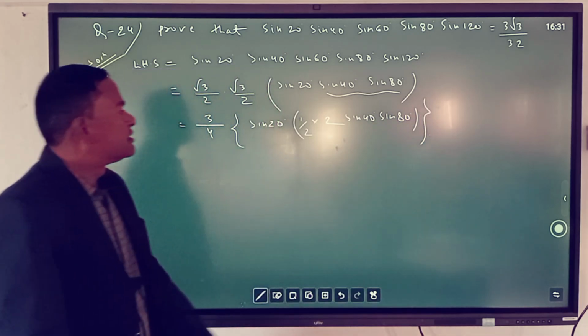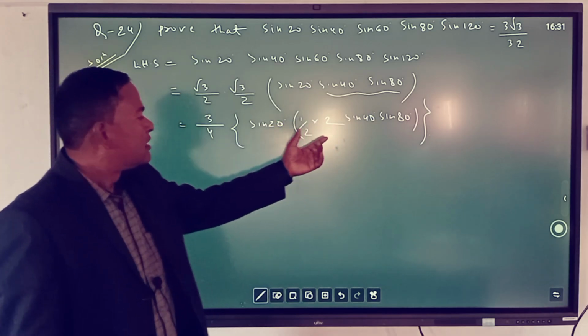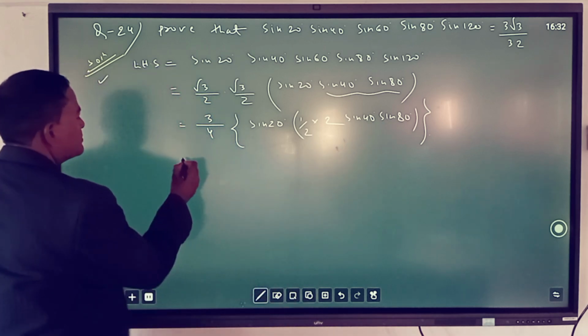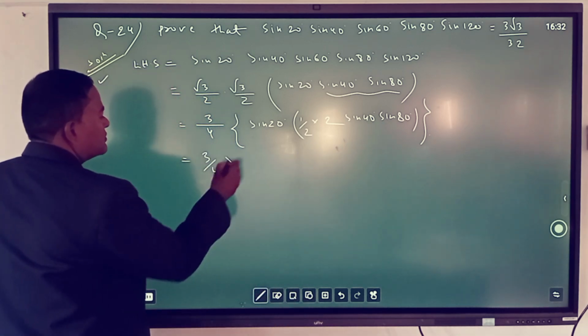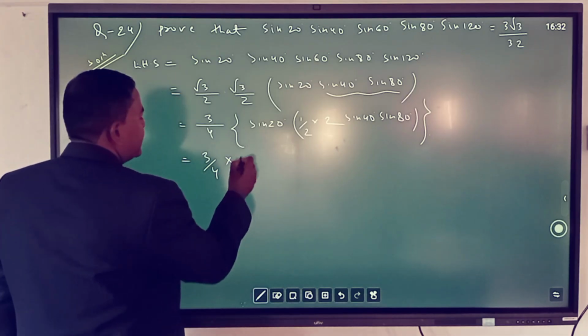After multiplying and dividing by 2, we can use the formula of 2 sin A into sin B. Let's move 1 by 2 to the outside of the bracket.